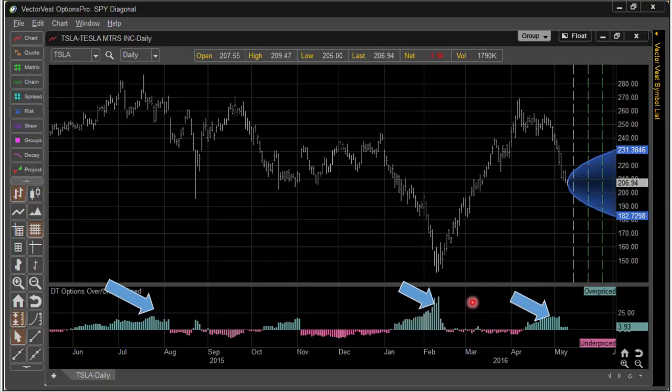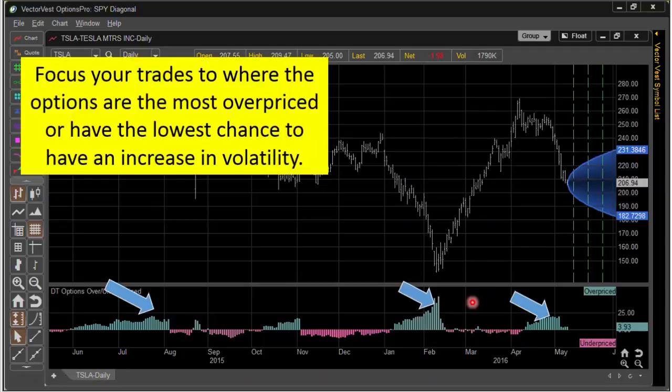All right. So this is that Tesla graph again. I want you to start focusing your trades where options are the most overpriced and they have the lowest chance to increase volatility. Now, how do you know it has a low chance to increase volatility? Again, this is artistic. All right, you're not going to be perfect every single time.